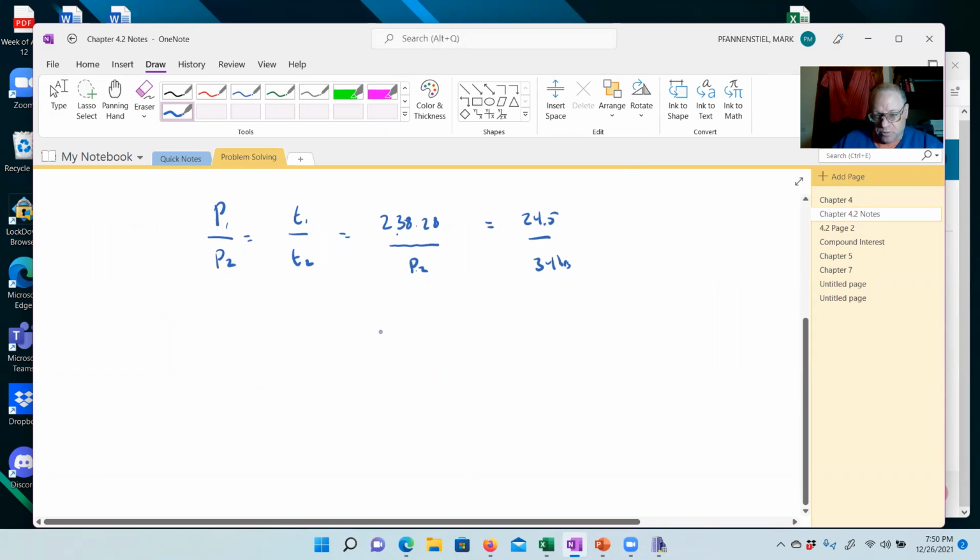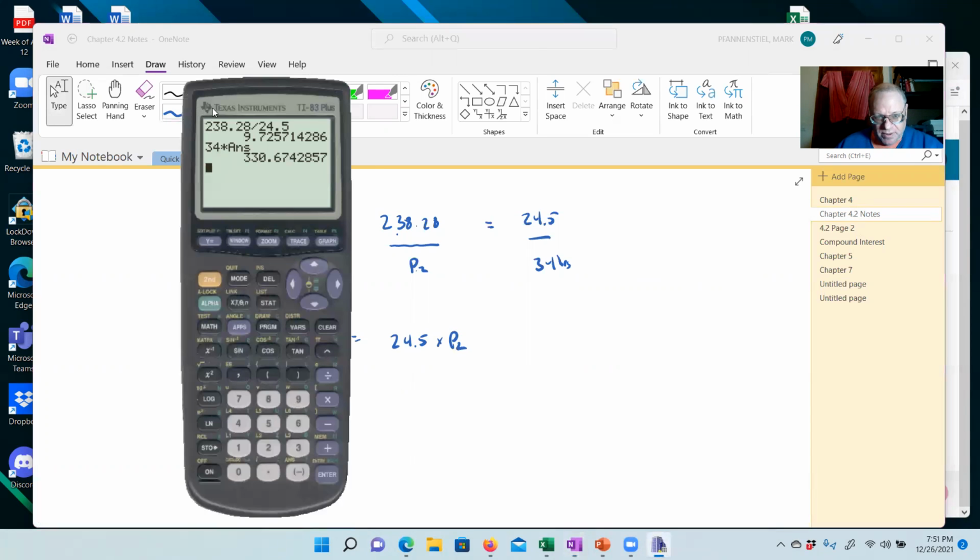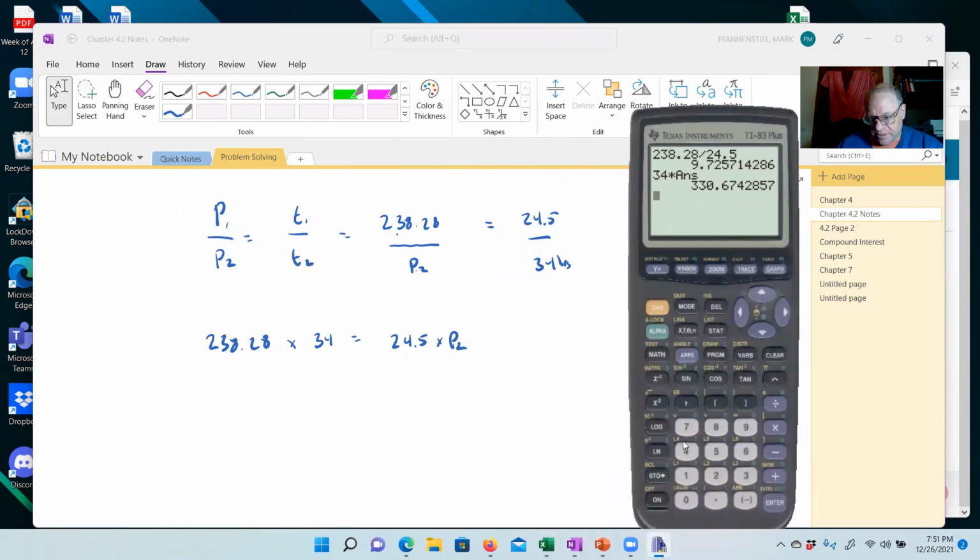And what we're going to do now is we're going to cross multiply. So we're going to get 238.28, right, times 34 hours, and that is equal to 24.5 times P2. Okay, so I'm going to go ahead and simplify that first one because I can't do that arithmetic in my head. So this is 238.28 times 34.